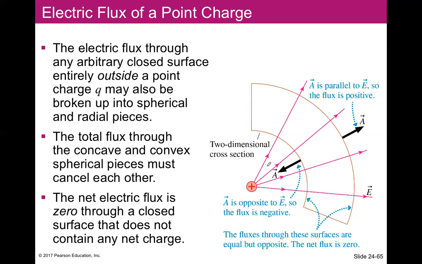Any field line from a charge outside the surface will pass through the closed surface twice. First time goes in, second time goes out. So if the charge is outside a closed surface, then the flux generated by this charge for this closed surface should always be zero.